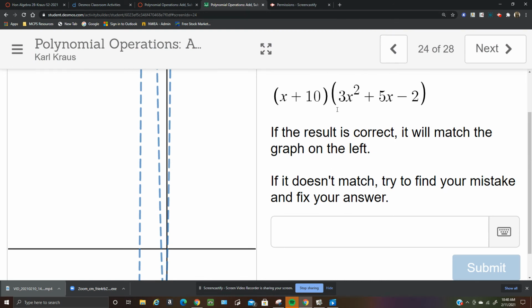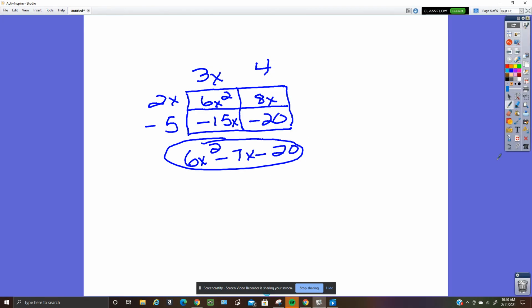And then let's go ahead and do this one using the graphic organizer. So 3, whoops. My pen just got messed up here.